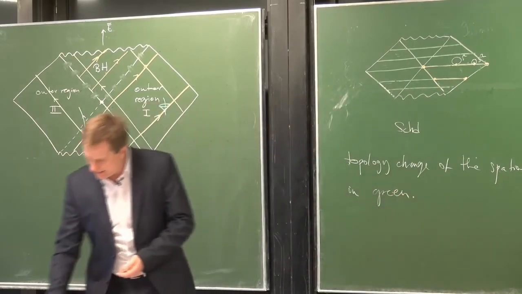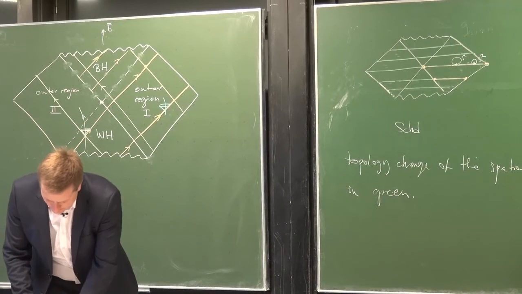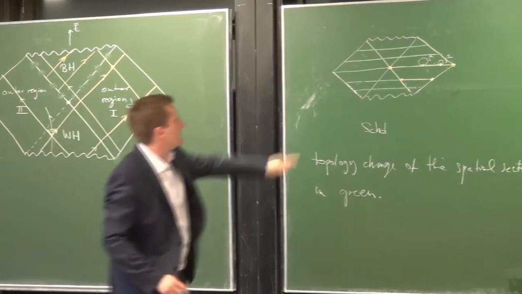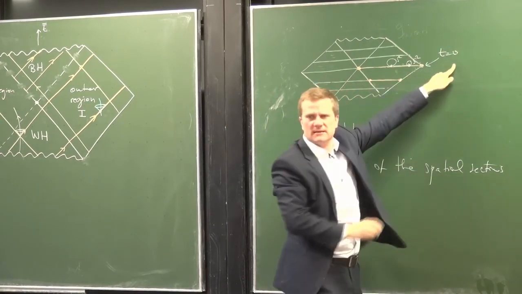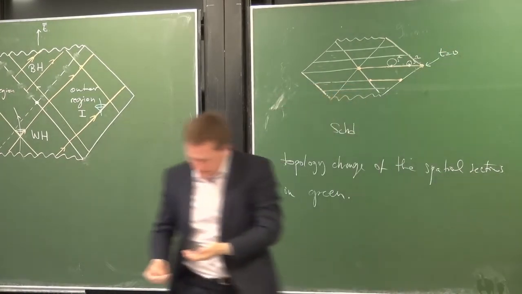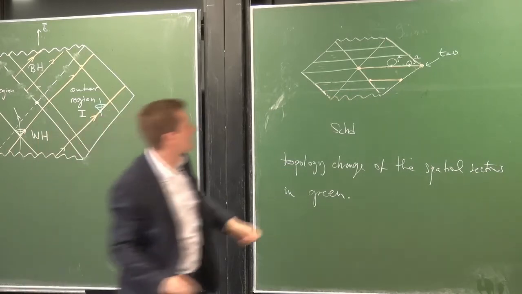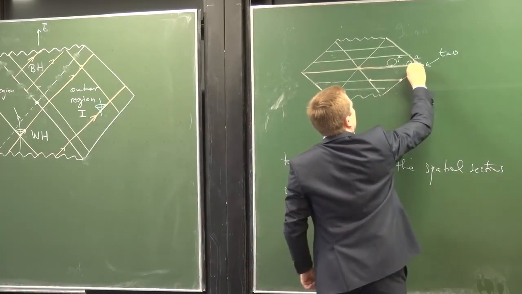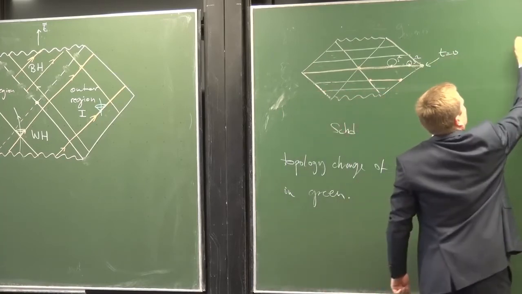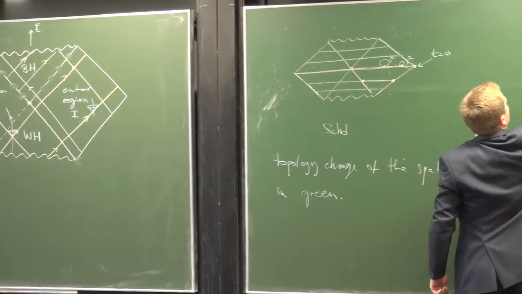Okay? And so if we look at this one here, at t equals 0, the spatial bit looks as follows.